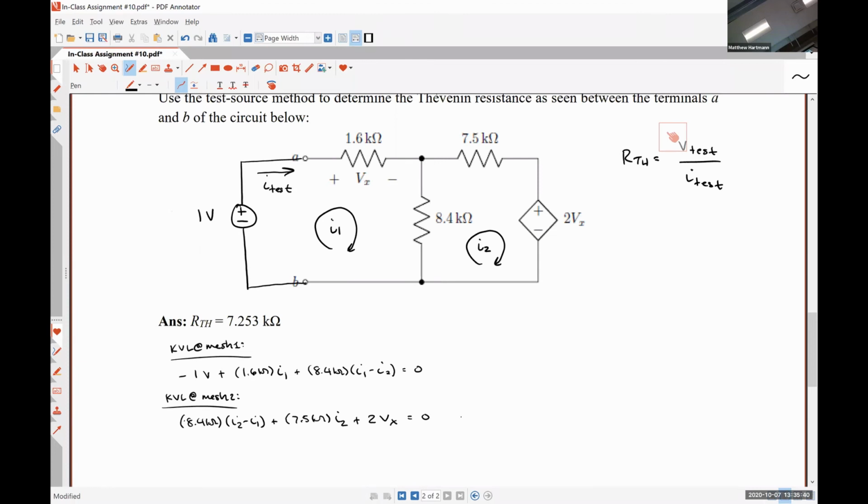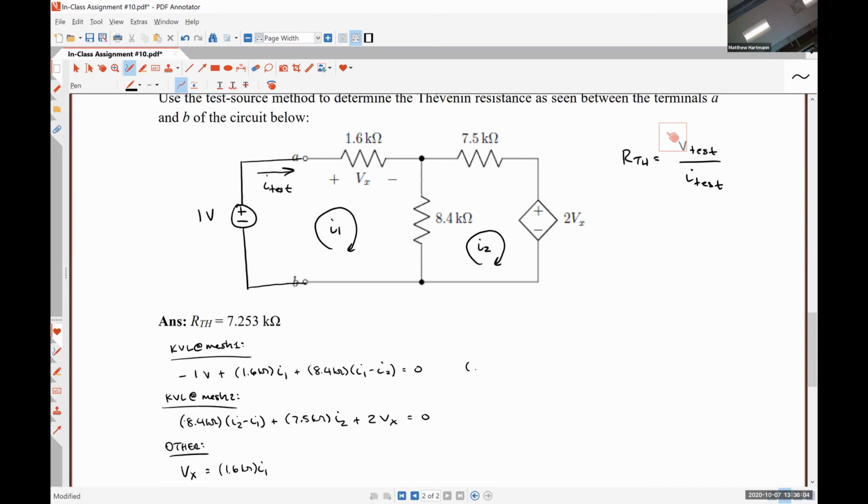And now that we've introduced a third variable, Vx, we need to put that in terms of our mesh currents as well. So our other equation is going to be Vx is equal to what? Absolutely correct. 1.6 kiloohms times I1.